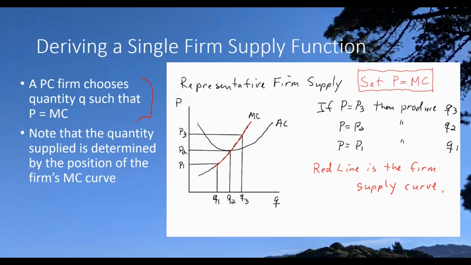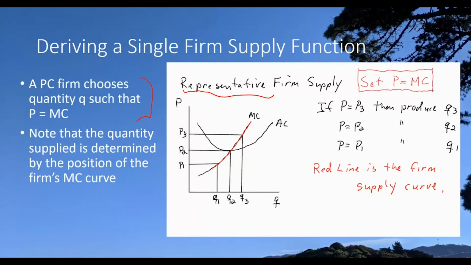We've got cost functions, average cost and marginal cost, indicated for an individual representative firm. Remember, whenever we draw this diagram, we're not talking about the entire market. We're talking about just one out of the many, many firms that are supplying this product to the marketplace. And this is what we'll imagine their cost curves look like.